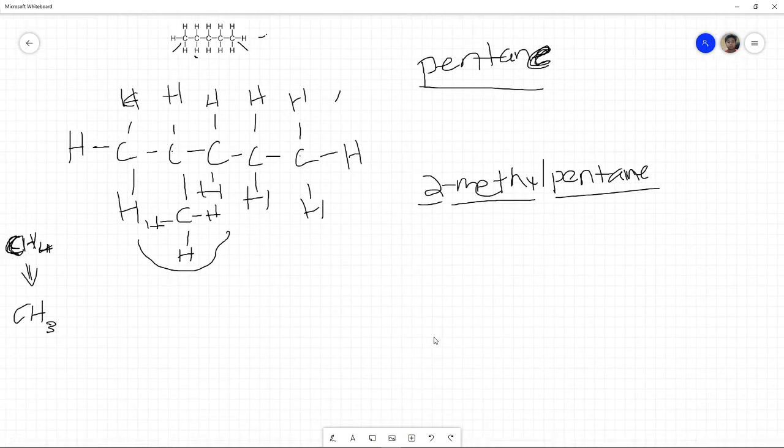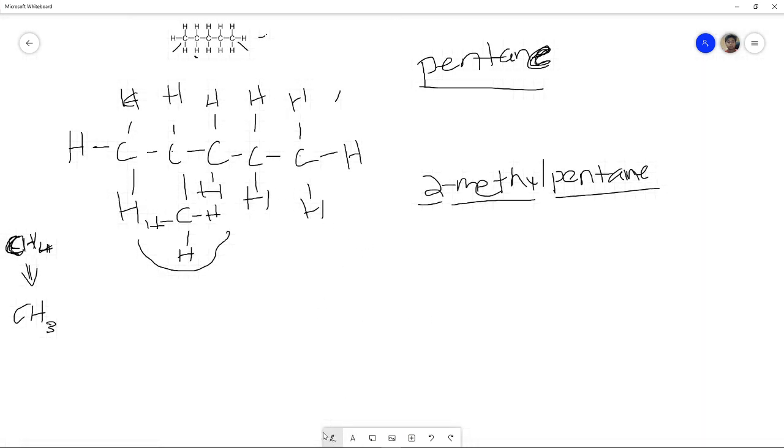So let's also come up with the other name if we use this strand. And let me just address this before any confusion erupts. If we started from this way, from the right, this is also legal. You could go from 1, 2, 3, 4, 5. But all the time, we refer to the carbon that has the least value.